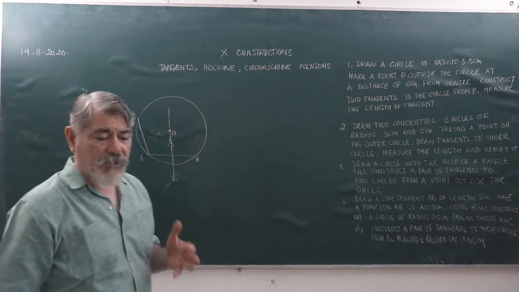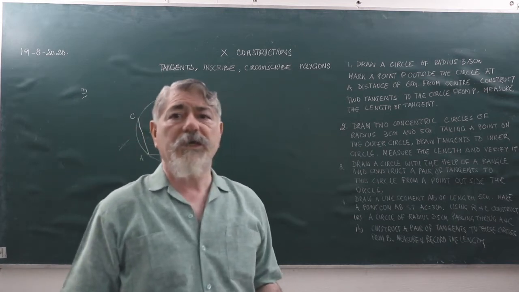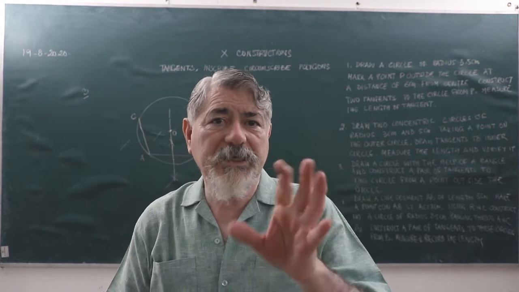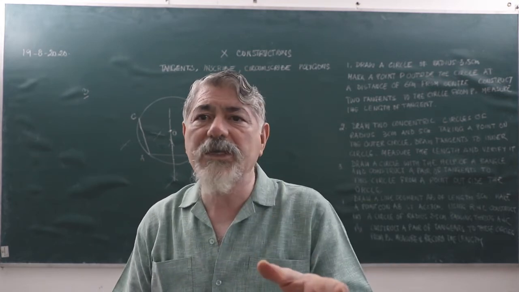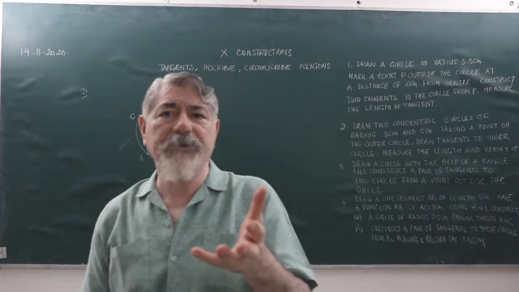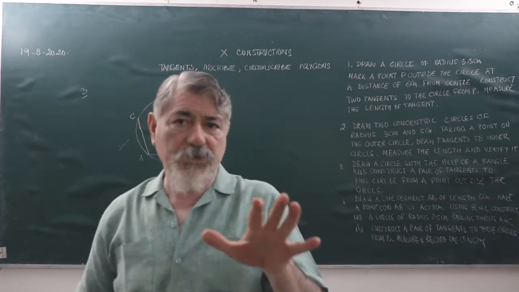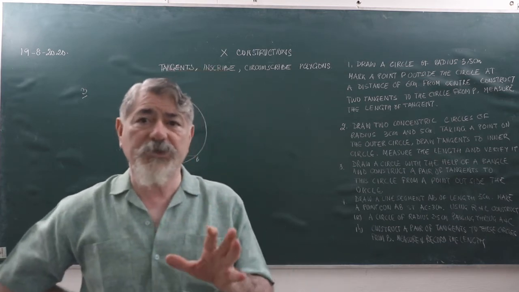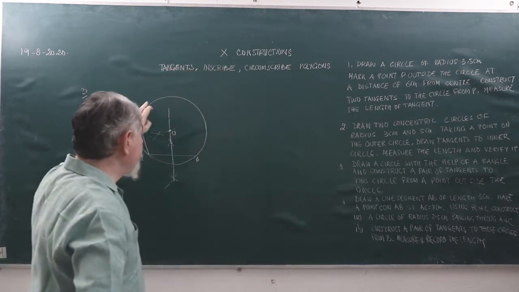The purpose of asking you to draw a circle with the help of a bangle or a kala or any circular object, it could be a cap, it could be the top of a container, big or small, is that we get a circle but we don't know the center.